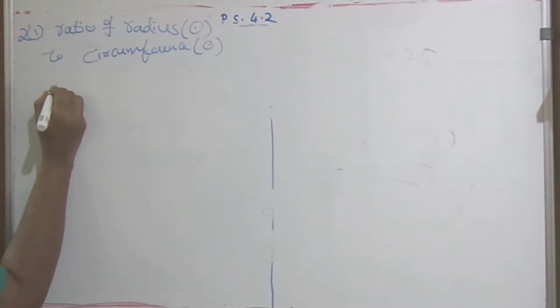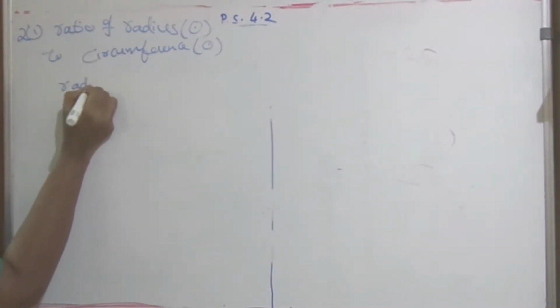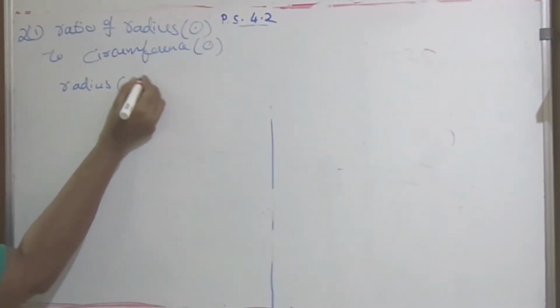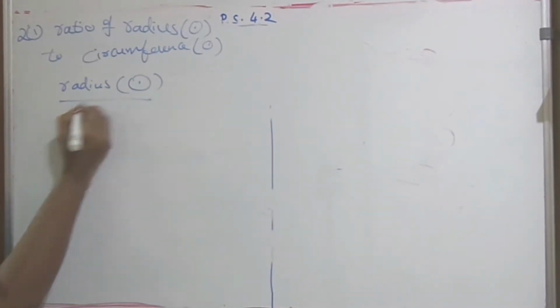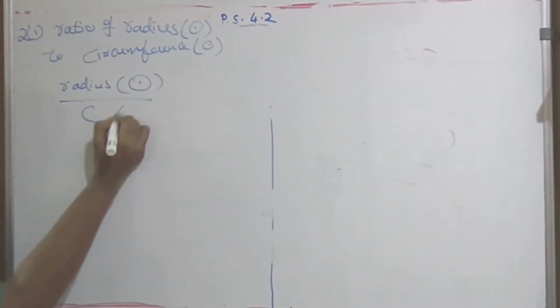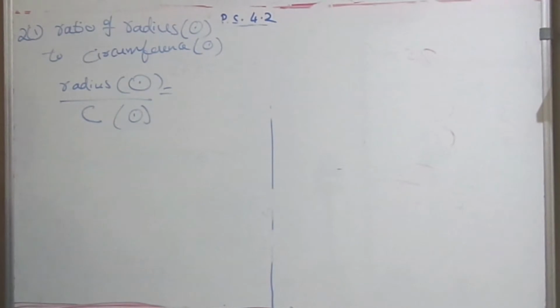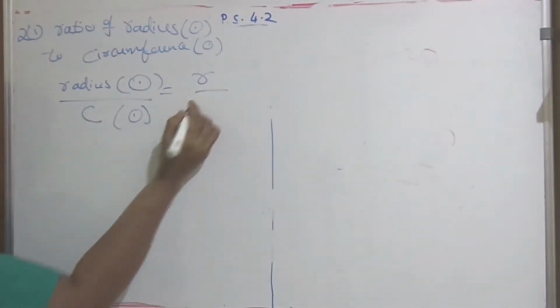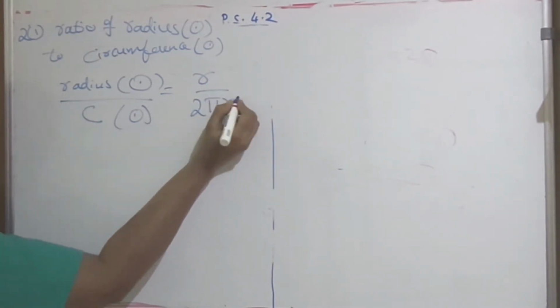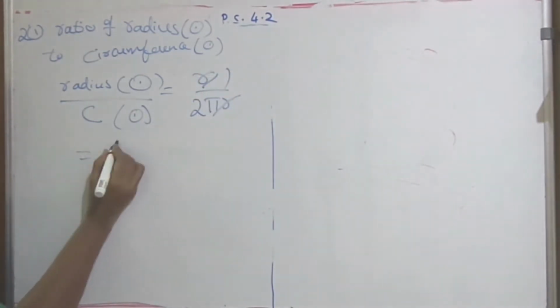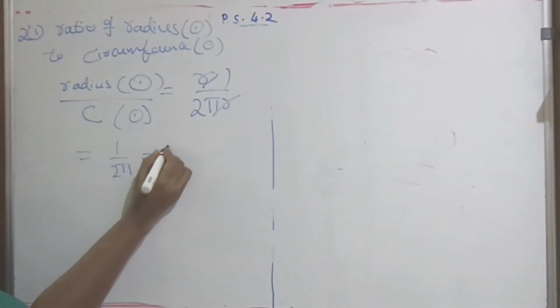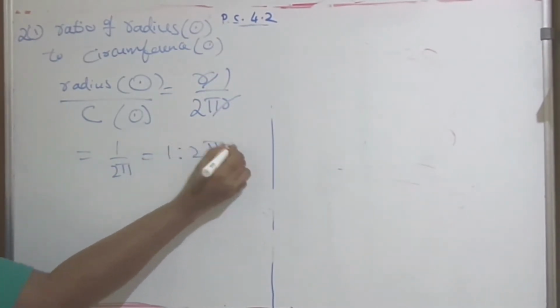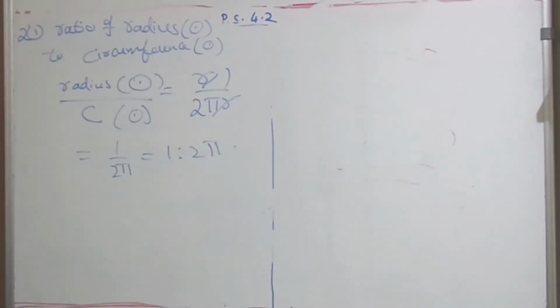So let us find the ratio. Radius of circle, I am putting this symbol, upon circumference, I am writing C, of the circle. Now let the radius of the circle be r. So r, and circumference formula I have given you, 2 pi r. r and r get cancelled. So your answer is 1 upon 2 pi, that is 1 is to 2 pi. Is it clear?